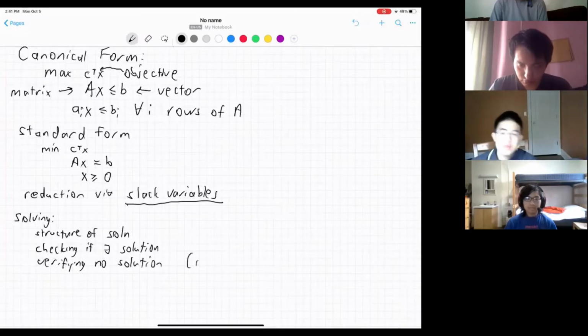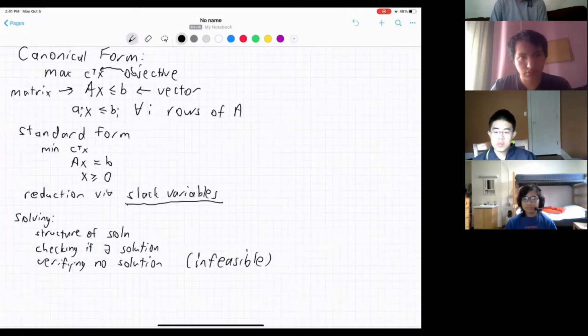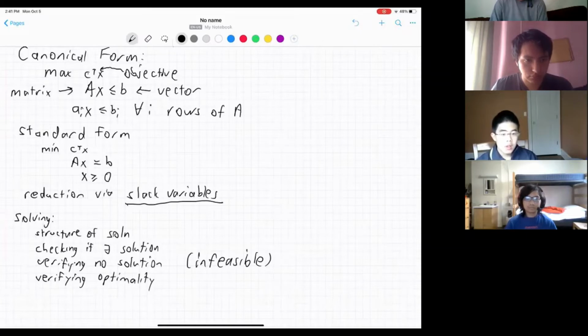If you recall, last time we said that a linear program is infeasible if there is no solution that satisfies all the constraints. Doesn't matter what the value of the objective is for these infeasible solutions. Then we're going to ask about verifying the optimality of a solution. And only then are we going to talk about finding a solution.